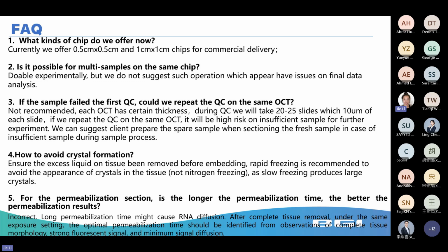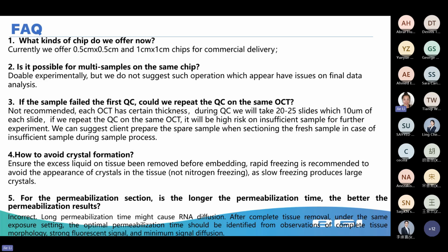Currently we mostly offer 0.5 by 0.5 centimeter and 1 by 1 centimeter square chips for commercial delivery. But if you have a sample greater than this size, we can do customized chips as well, but we need to do some evaluation before the project.